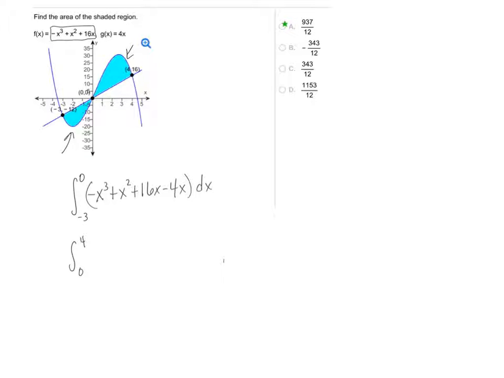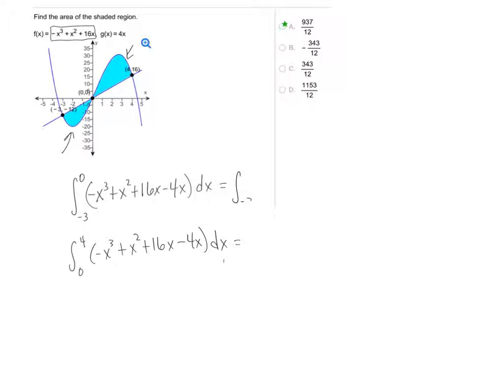So we want to do the exact same thing. And so we're going to take each of these, and I'm going to simplify that because the 16x minus 4x is just 12x.